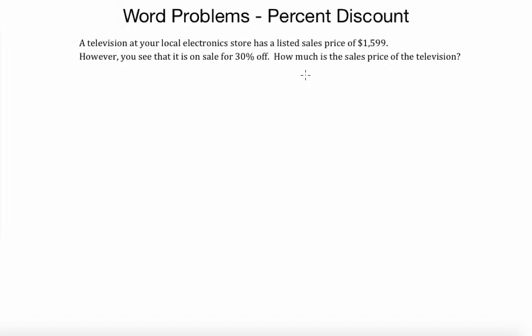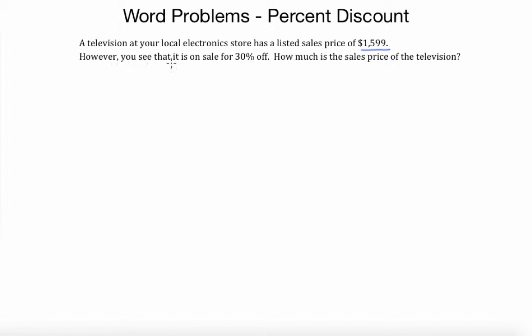Welcome to a video tutorial about word problems, and particularly problems involving percents and discounts. So here's a problem. We have a television at our local electronics store that has a listed sales price of $1,599. When we say listed sales price, that's the original sales price.